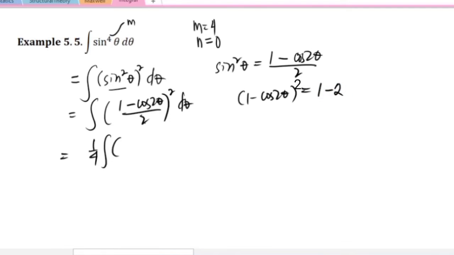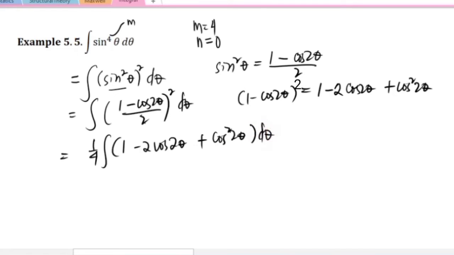So that's 1 times cosine 2 theta is cosine 2 theta. And square the last term, that's cosine squared 2 theta. So we have here 1 minus 2 cosine 2 theta plus cosine squared 2 theta d theta.